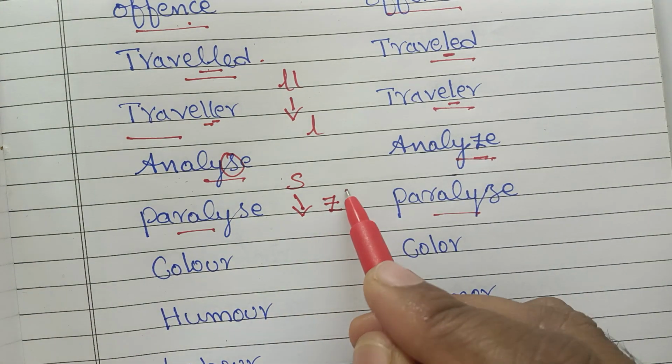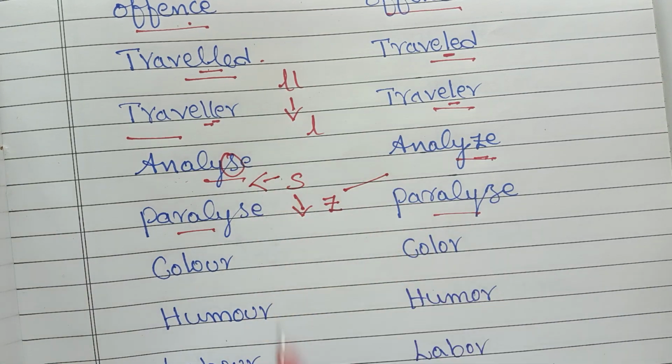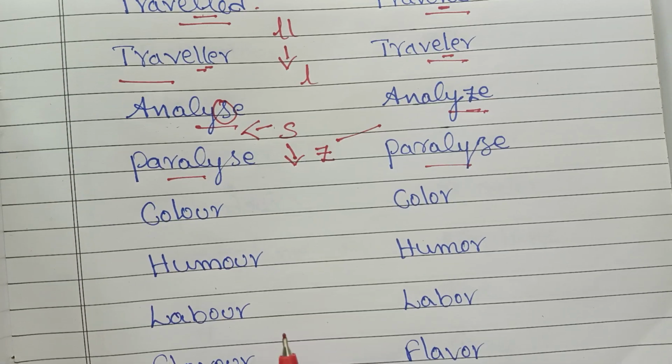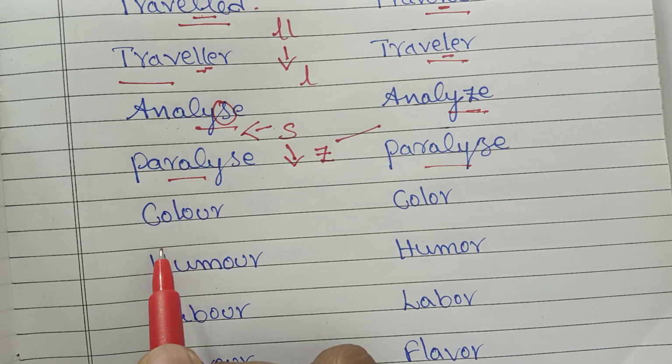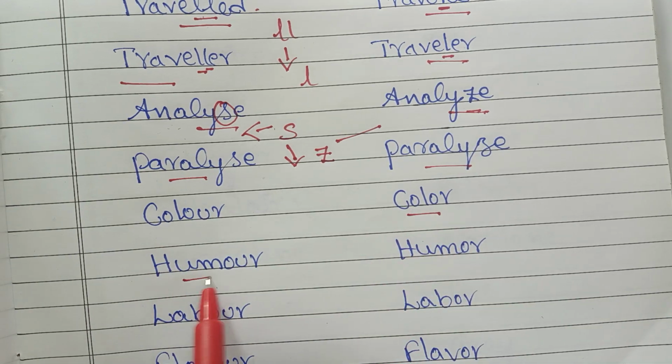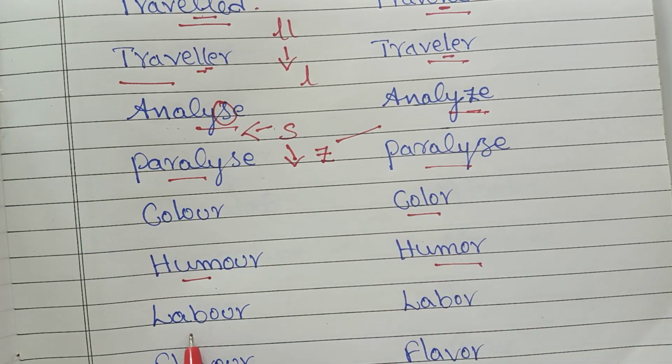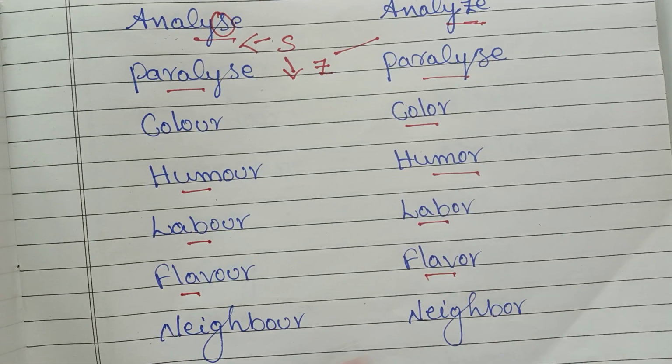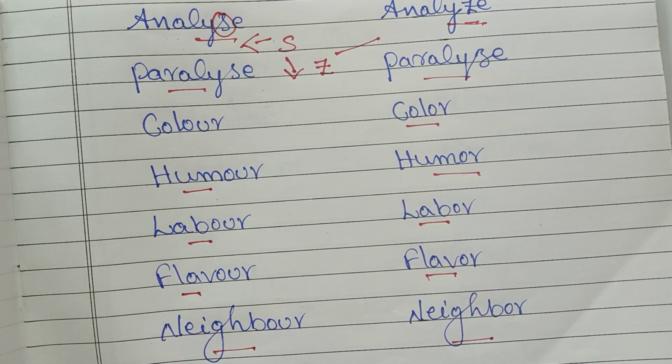This is American, this is British. And the very common one: colour, color; humour, humor; labour, labor; flavour, flavor; neighbour, neighbor.